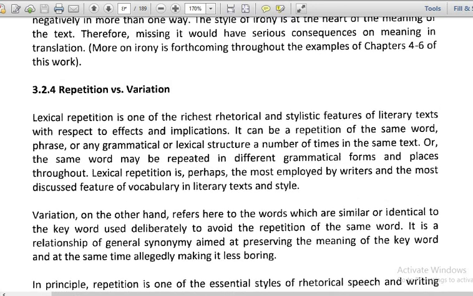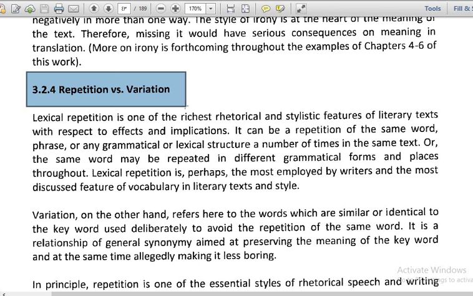In page 43, we still complete the answer to the question, what are the features of literary language, which is repetition versus variation. Lexical repetition is one of the richest rhetorical and stylistic features of literary text with respect to effects and implications.